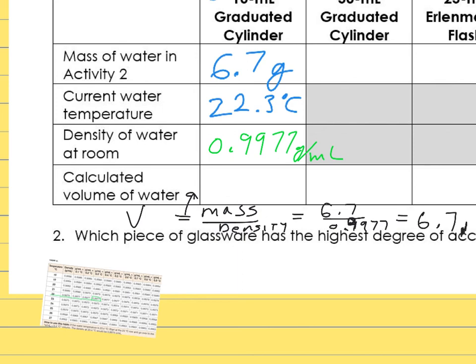Let's carry one more. 6.72 is what your calculator will tell you if you've been doing this along with me as a home gamer, which I hope you have been. So we've got a mass of 6.7 and a volume of 6.72 milliliters. Our calculated volume is 6.7, and we're going to write that 2 as a subscript to let ourselves know that it's not a significant figure.